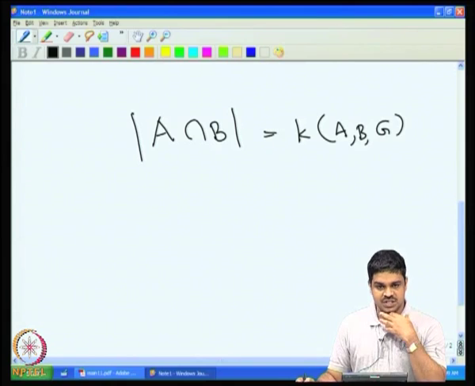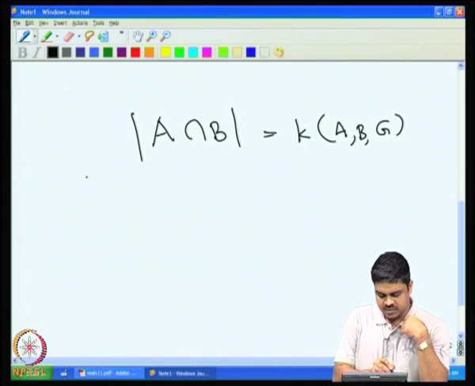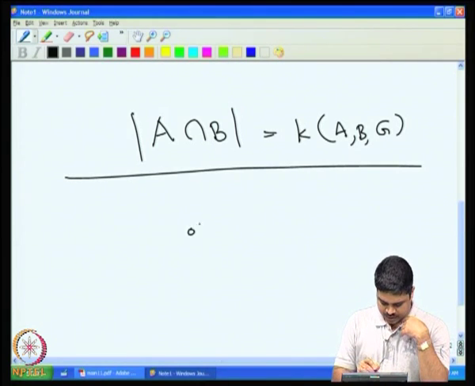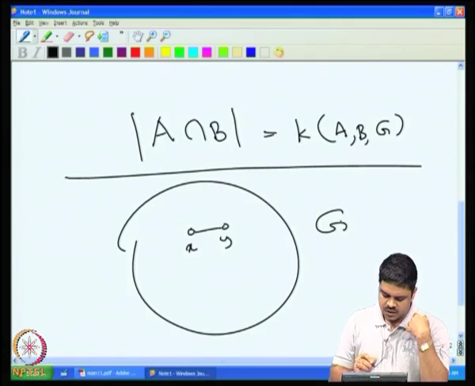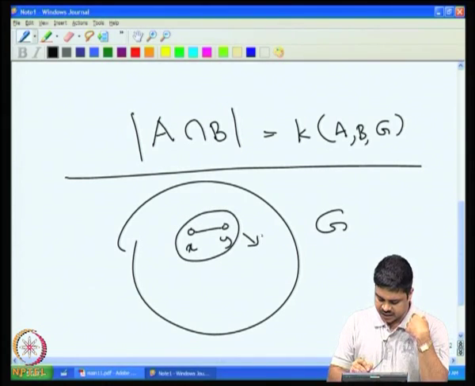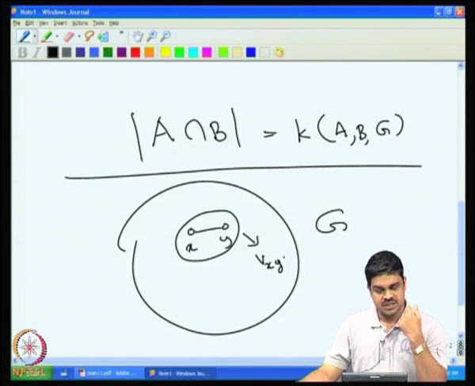So, we start the induction now. There are some edges. We pick some edge xy in the graph G, and our plan is to contract this edge to get a new vertex v_xy. What is the advantage?